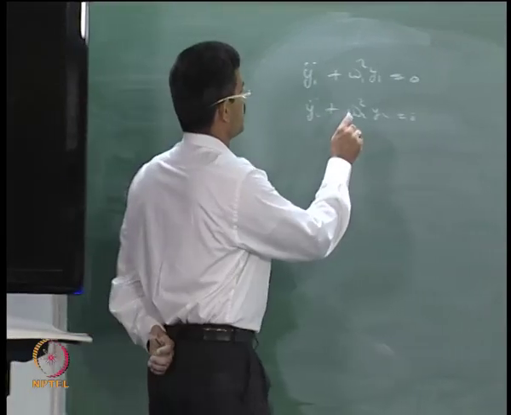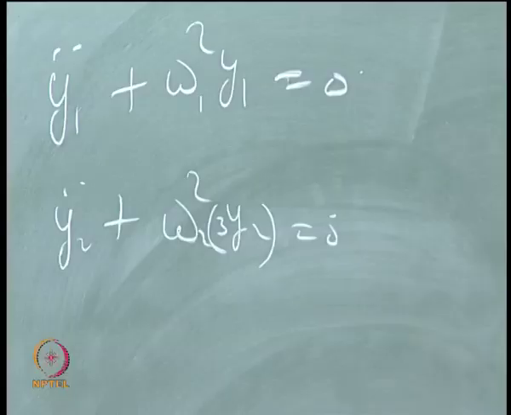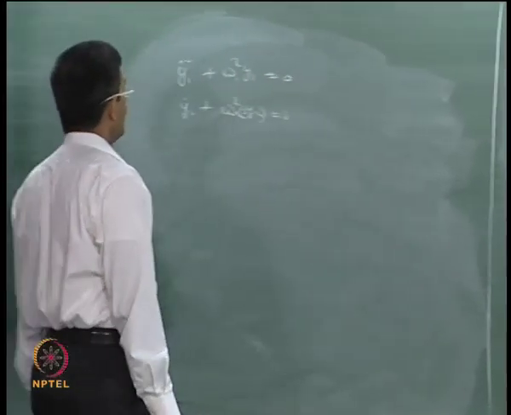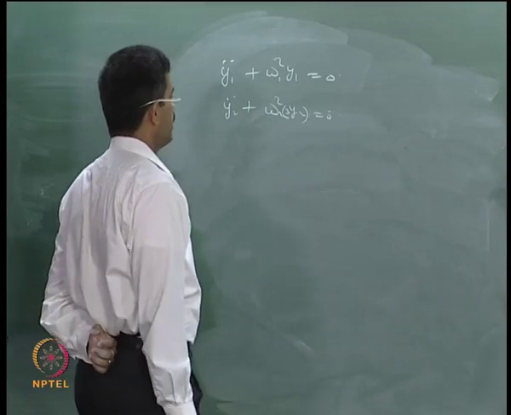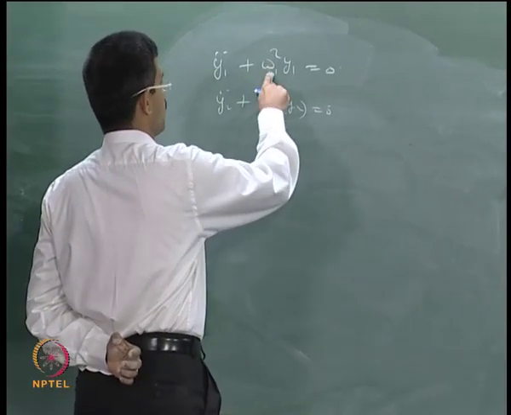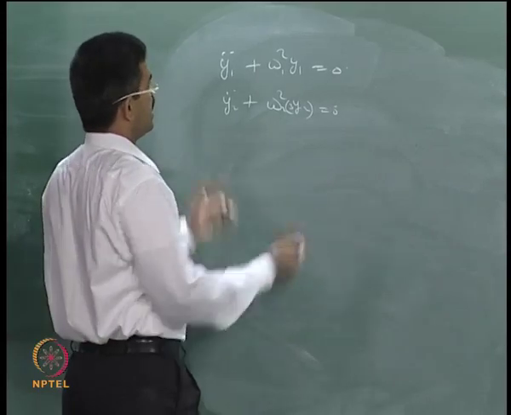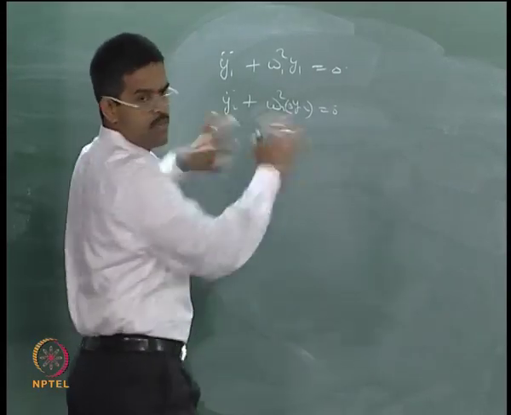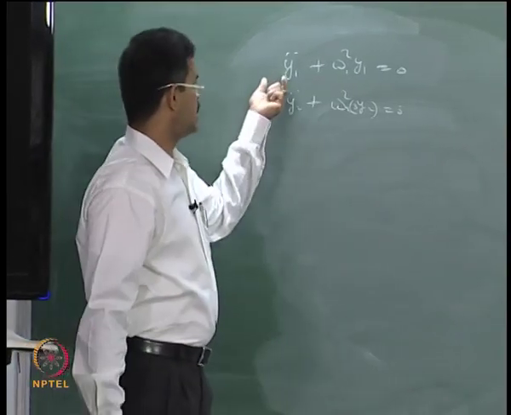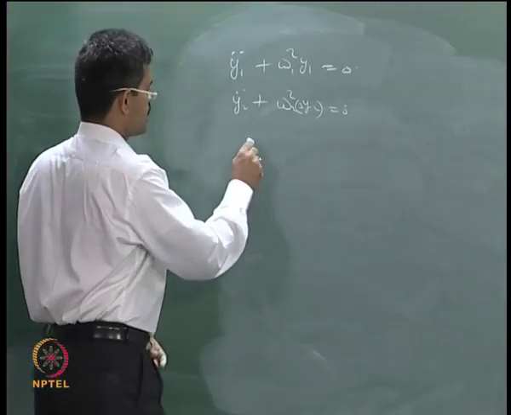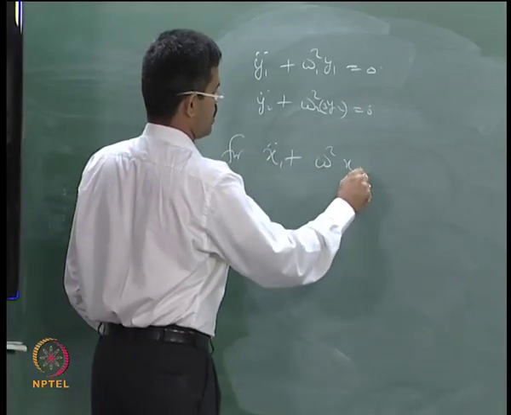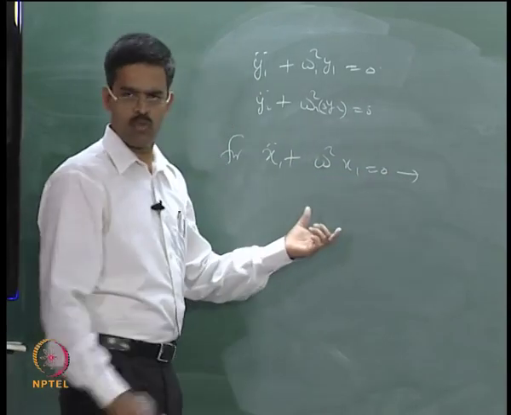Of course, there is a multiplier here. I am just expanding it and writing. So what I solve from this equation will be omega 1, and from this equation omega 2. Initially I had coupled equations of motion, I have decoupled them now. For a single degree of freedom, let us say x1 double dot plus omega square x1 set to 0, we already know the solution, is it not?